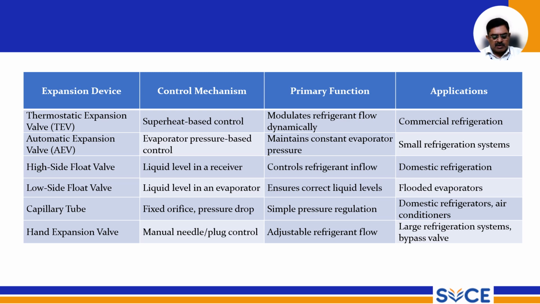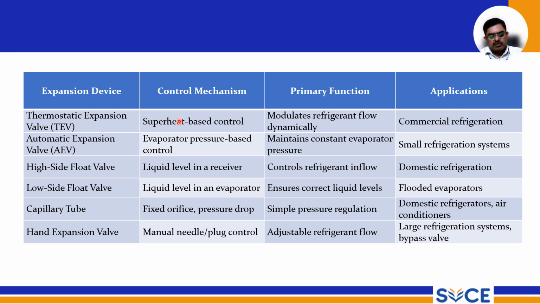By comparing all the expansion valves, that is thermostatic expansion valve, automatic expansion valve, high side float valve, low side float valve, capillary tube, and hand expansion valve, in terms of control mechanism, primary function, and applications. These are the three factors I have taken into account to compare these valves.